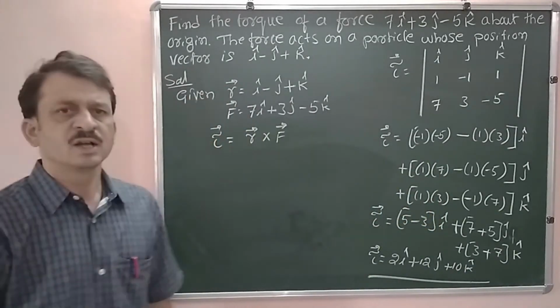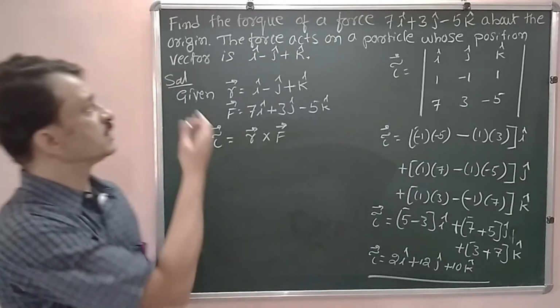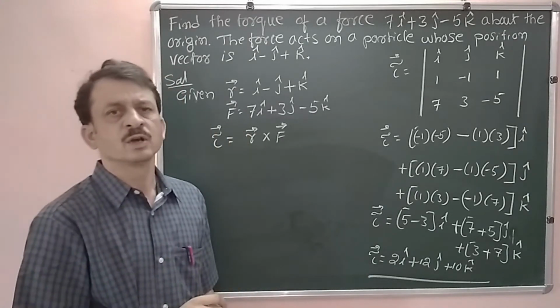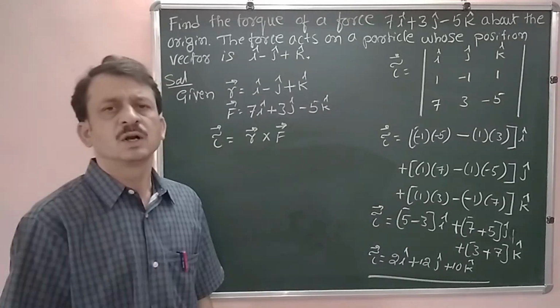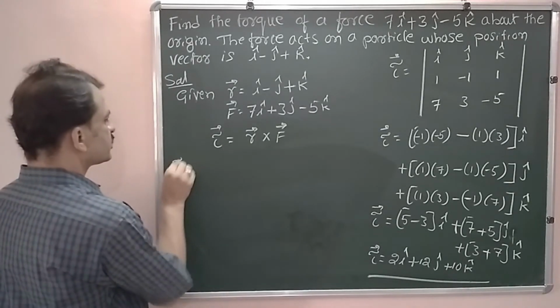Now this is the cross product of two given vectors, one is the position vector and the other is the force vector. Or if you know the formula, you can write that also.